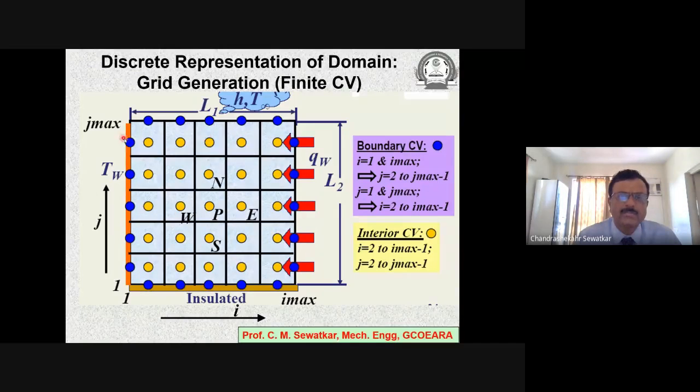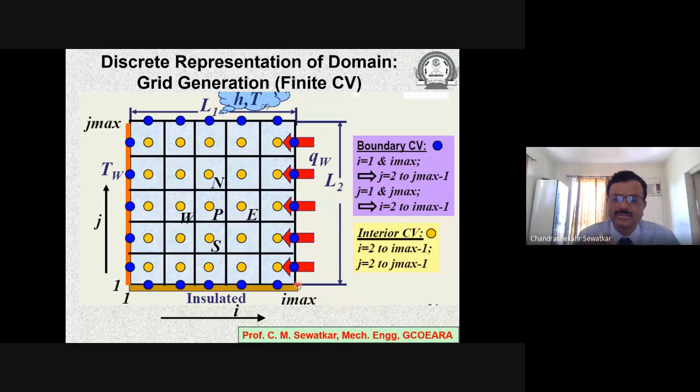At the same time, I have drawn some blue dots on the boundaries. On the boundary, I assume that there lie certain cells with volume equal to 0, and their cell centers are represented by these blue dots. So all these blue dots are cell centers.